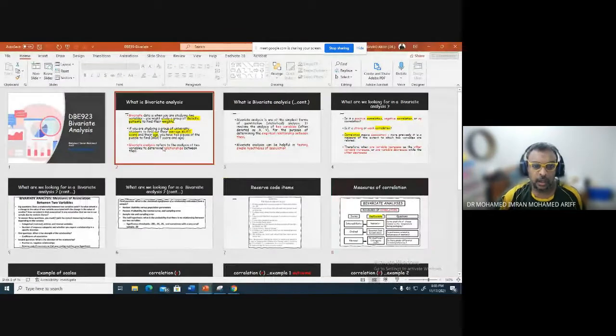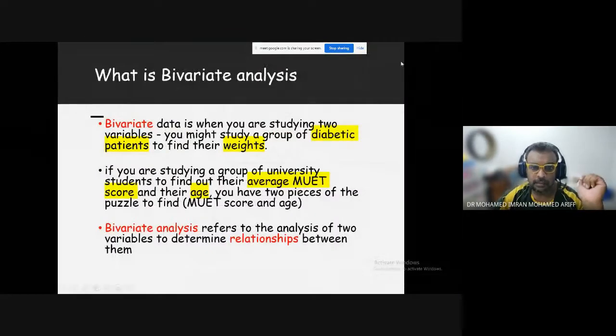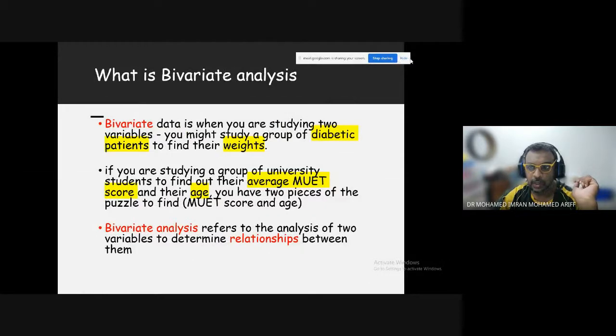Okay, let's go back to the second slide. So what is bivariate analysis? What are we looking at? Bivariate data is when you are studying two variables. You might study a group of diabetic patients to find their weight. Two variables.